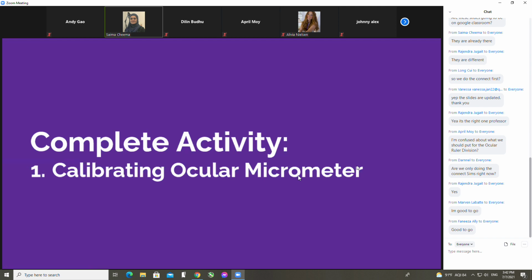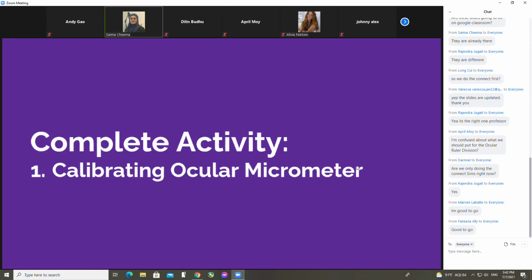Okay, folks, so the calibration of the ocular micrometer. What we're basically doing is learning the distance between the markings on an ocular ruler in standard units. So when we use those to measure how big something is, we can call it a micrometer or a millimeter or a centimeter, right?